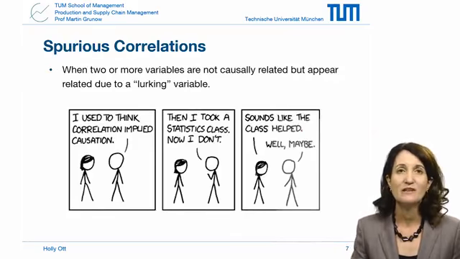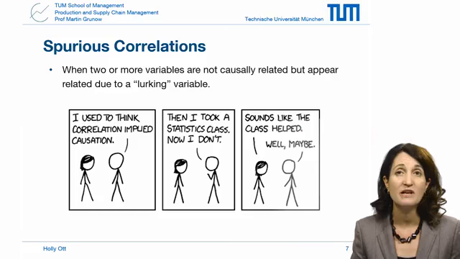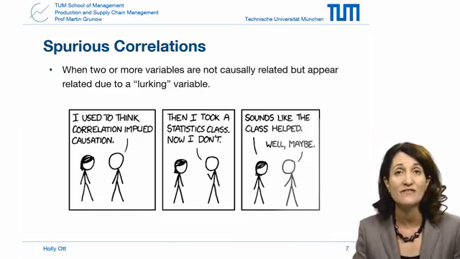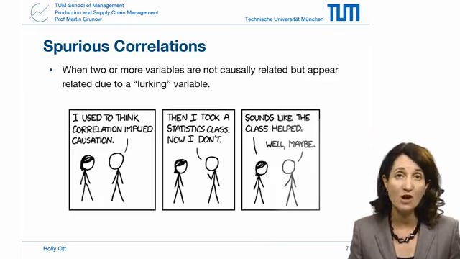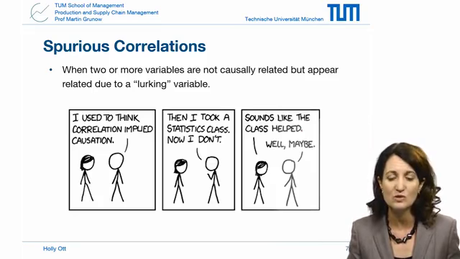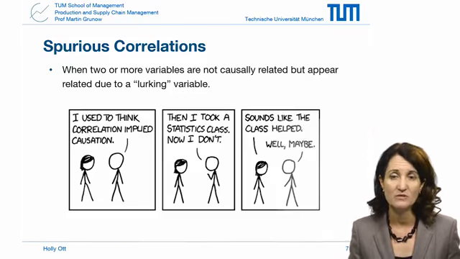So when you have what's called a spurious correlation or spurious relationship, what that means is you have two or more variables that are not actually causally related, there's no cause-effect relationship, but it could be wrongly inferred that they are correlated due to either coincidence or this third lurking variable that's linking them.